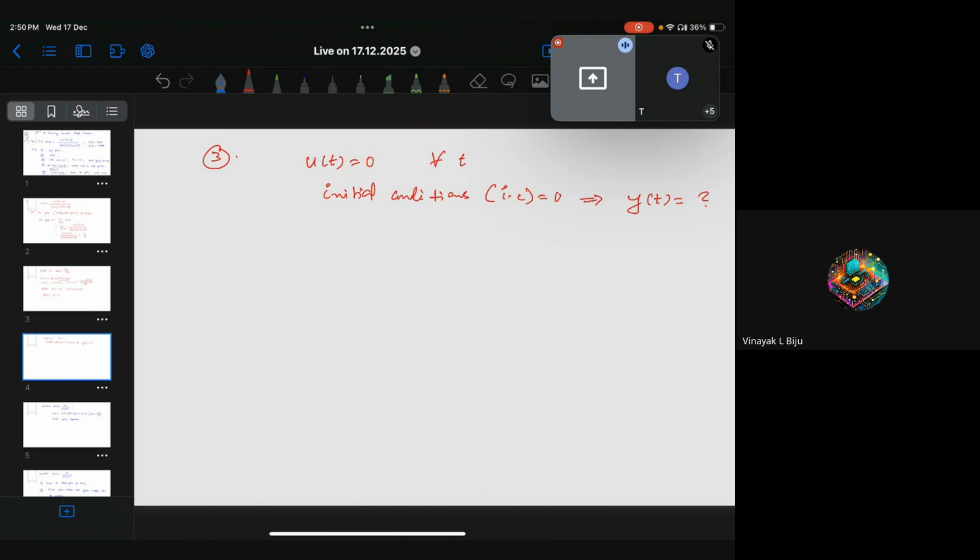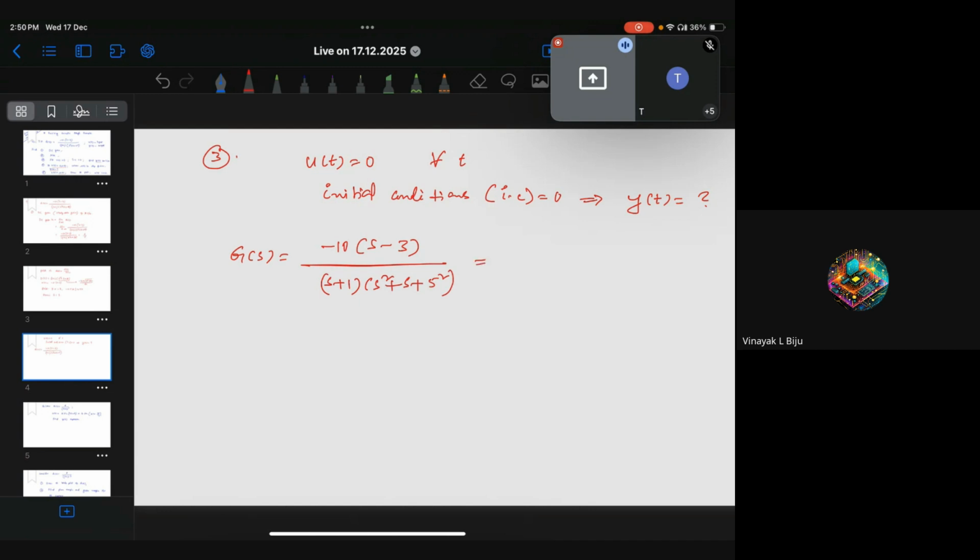First we take G(s), which is minus 10s minus 3 divided by (s plus 1)(s square plus s plus 25).